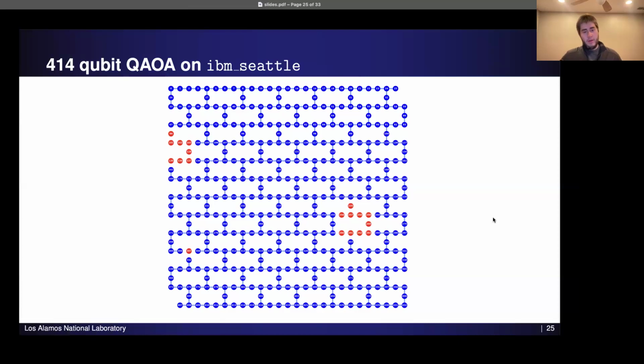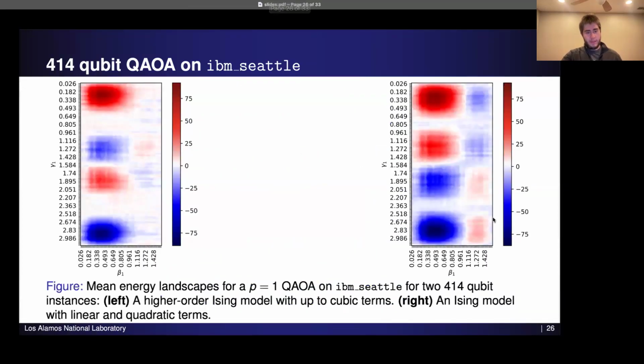Now, interestingly, what we find in these angle grid searches is quite encouraging for parameter transfer. We've looked at one round grid searches before for these problem types, but for varying sizes of these problem types. In particular, we've looked at 27 qubit grid searches, 16 qubit, 127, and now 414.